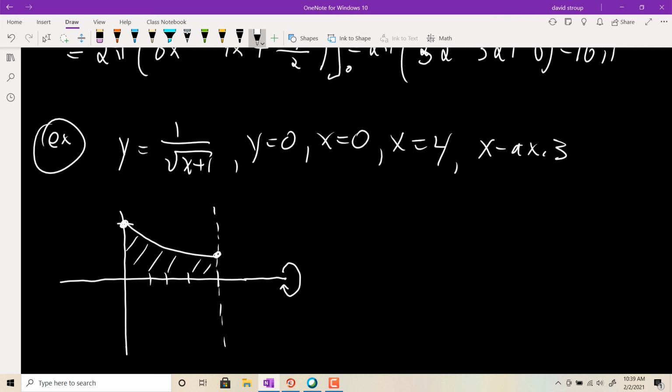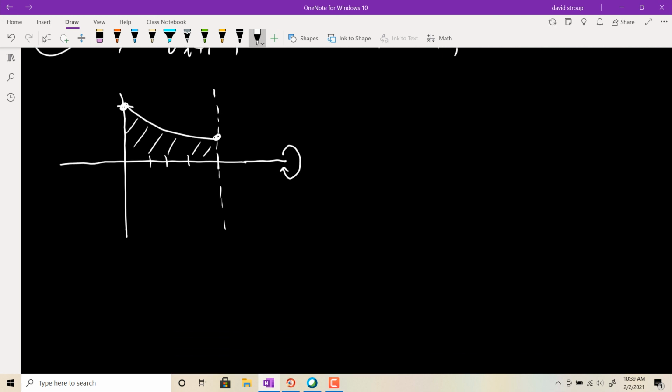Okay. So first, the way you don't want to do it is to use the shell. Okay. So why? It's because of that two-region issue. So for the shell method, the rectangles are parallel to the axis of rotation.